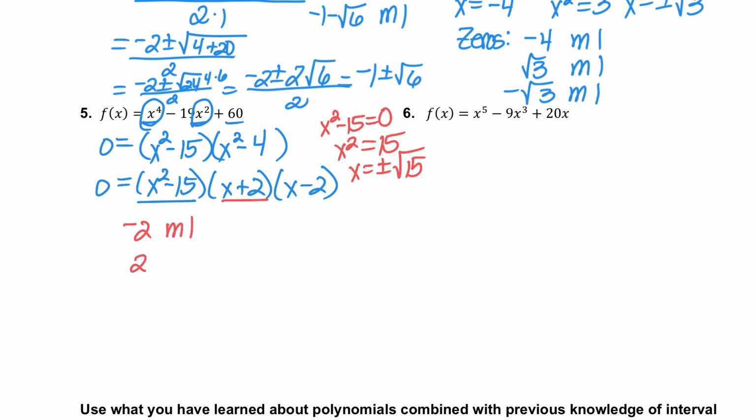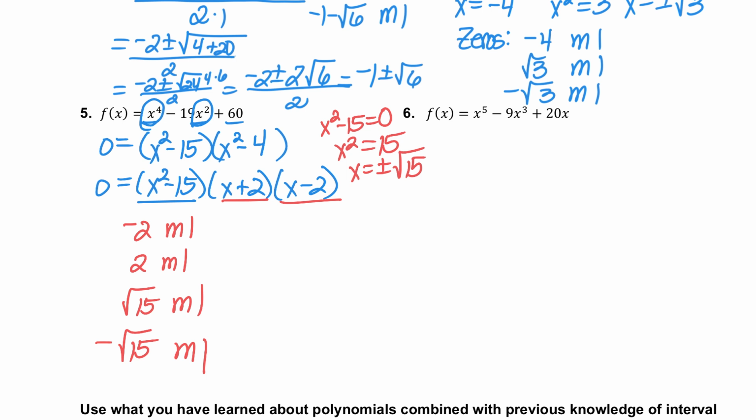Add positive 2 from this one with multiplicity of 1. And then the square root of 15 with multiplicity 1. And negative square root of 15 with multiplicity of 1. Okay, one last one of these, and then we're going to look at inequalities for honors.